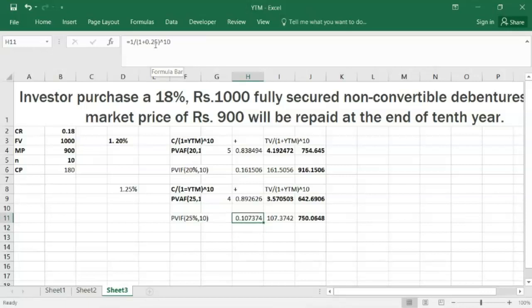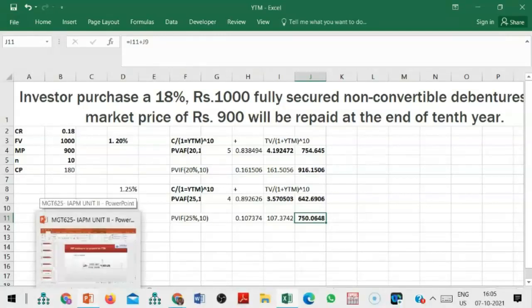It becomes 0.10737. Hence, the present value of terminal value becomes 107.37, as the present value factor is multiplied with the face value of 1000 rupees. And the total value, the summation of the present value of coupon payment along with the present value of the terminal value, comes to 750 rupees.